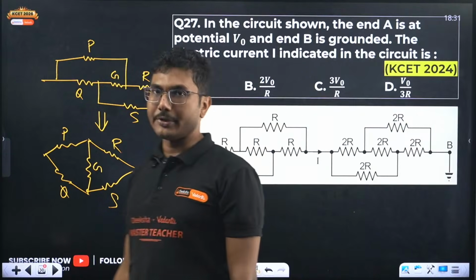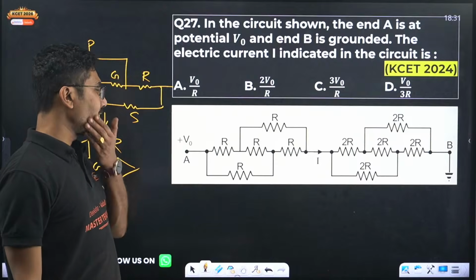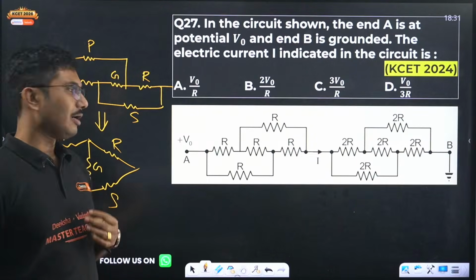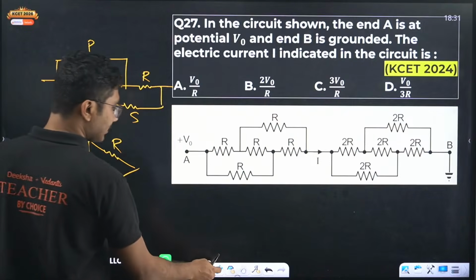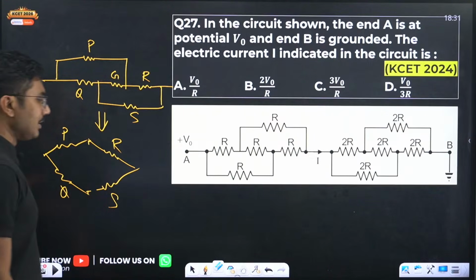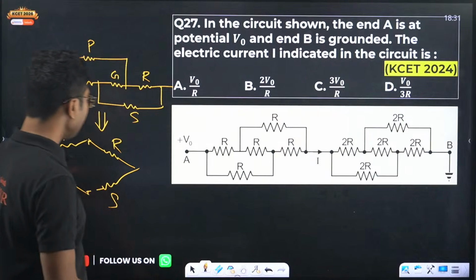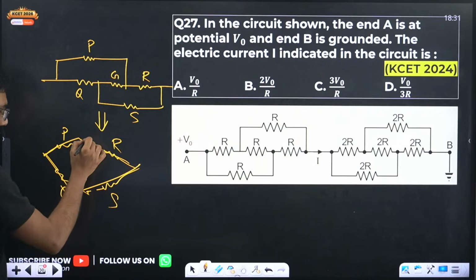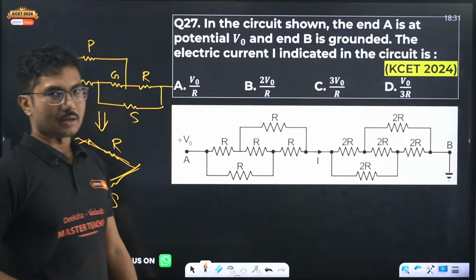Now in a Wheatstone bridge, we know that if P by Q is equal to R by S, then no current passes through the galvanometer, so the galvanometer actually does not exist. You can simply remove it, and then you see that this is in series, this is in series, and their combination is in parallel.